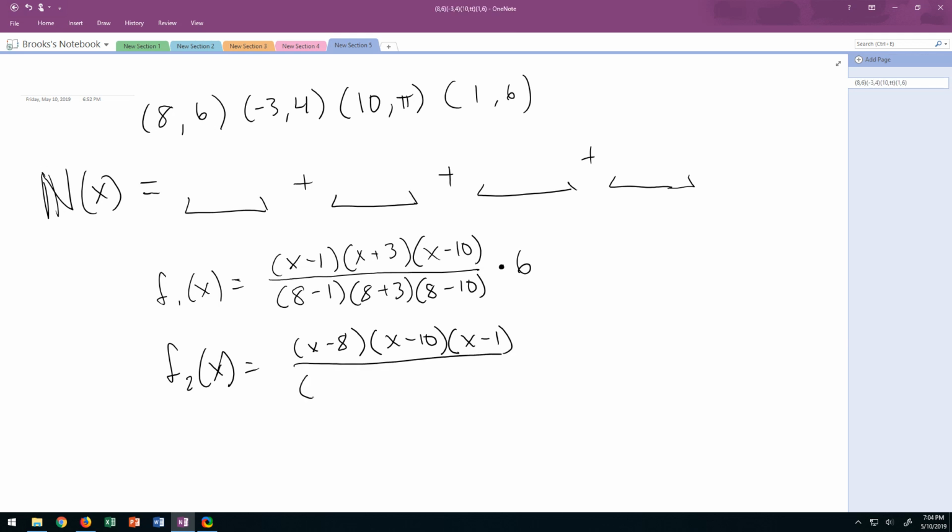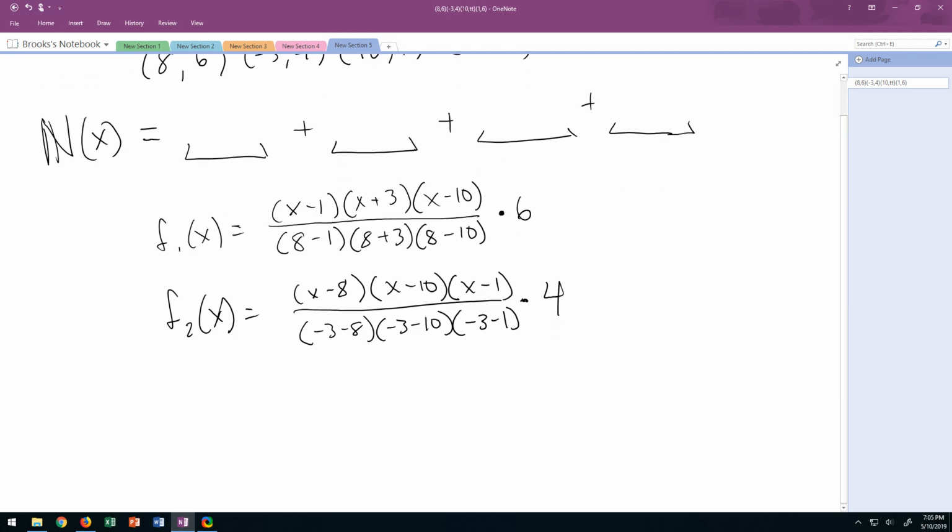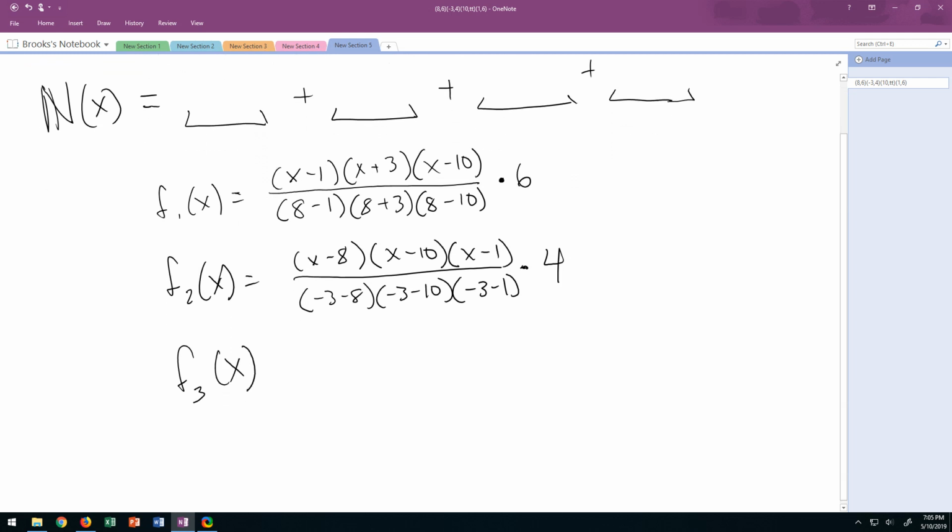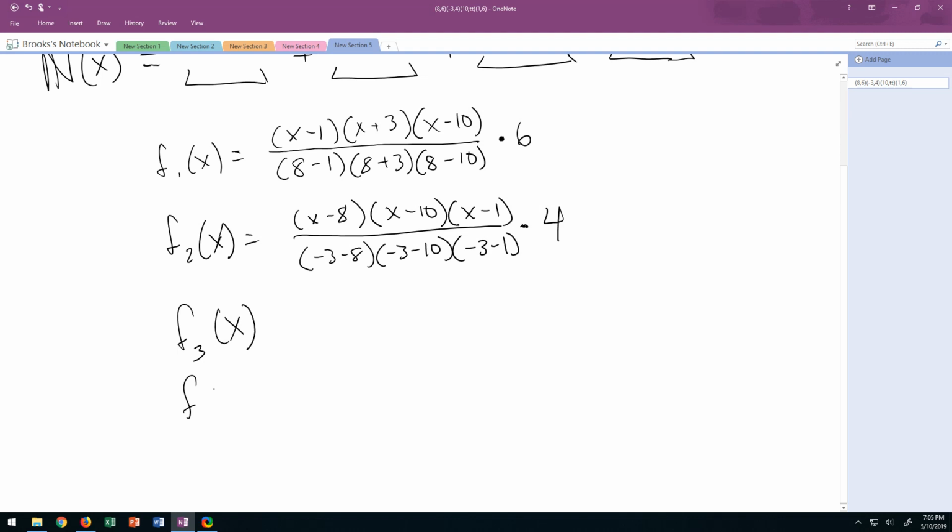On the bottom, I'm going to have negative 3 minus 8, negative 3 minus 10, negative 3 minus 1, multiplied by the y value associated with negative 3, which is 4. In a similar manner, you could construct f sub 3 of x, the third summand polynomial, and f sub 4 of x.